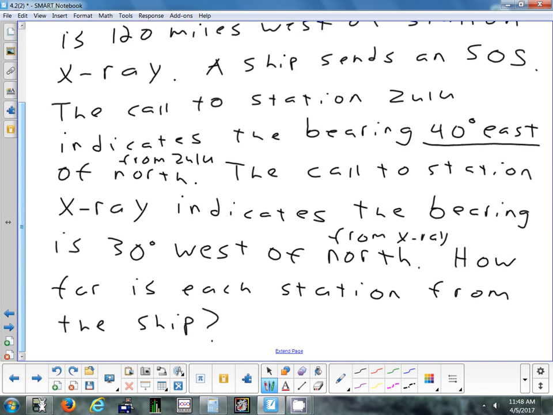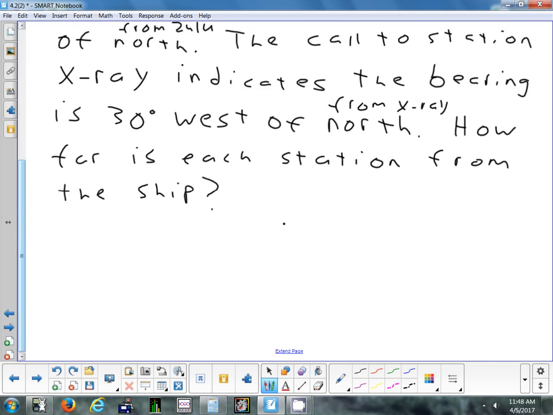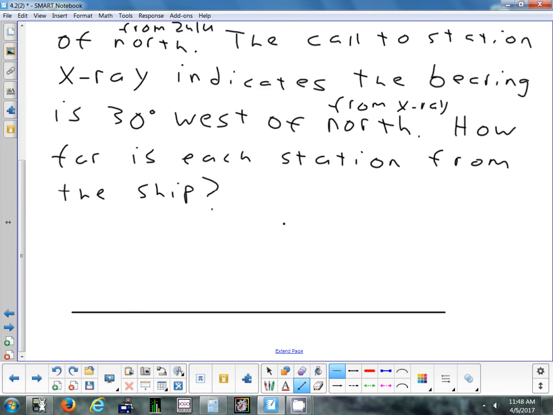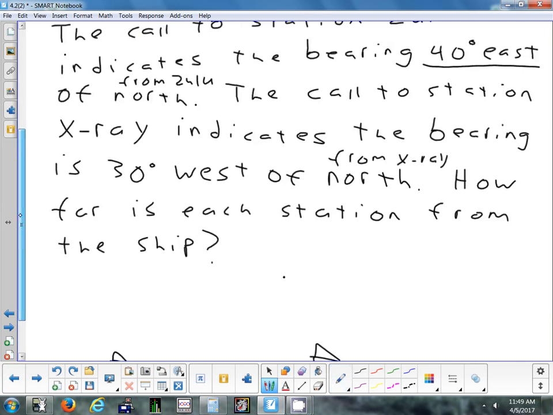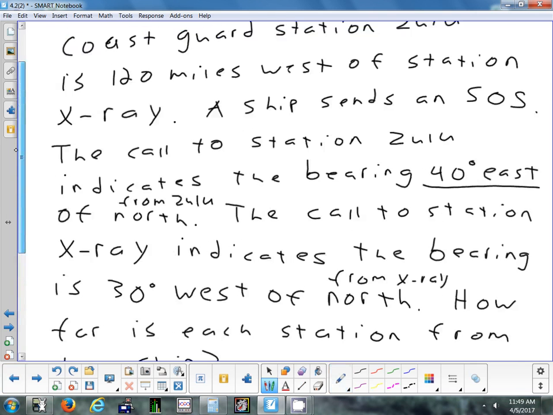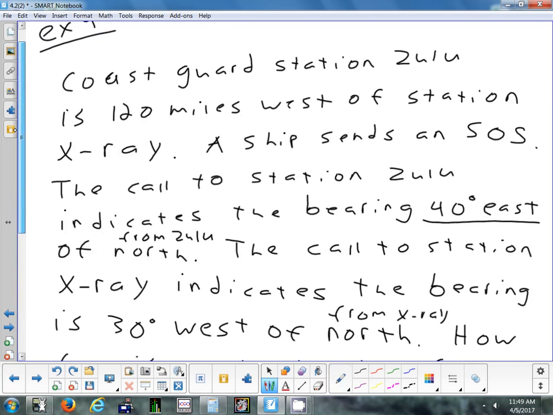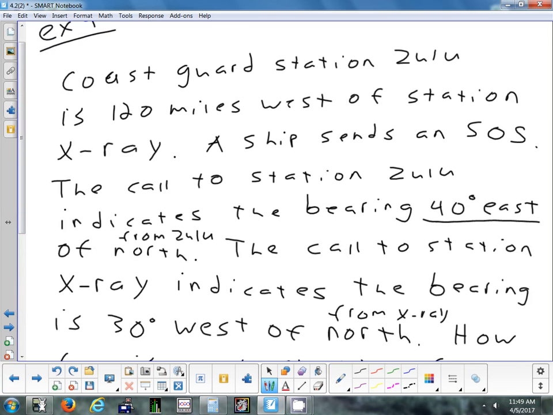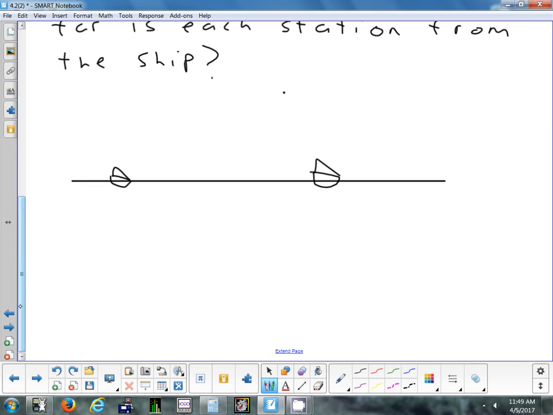So I'm going to start with the coastline. Just make it nice and simple. I'm going to put the 2 Coast Guard stations, one here, one here. How far apart are the 2 Coast Guard stations? 120 miles. So this is 120 miles between the 2 stations.